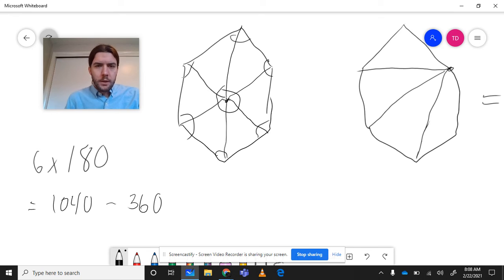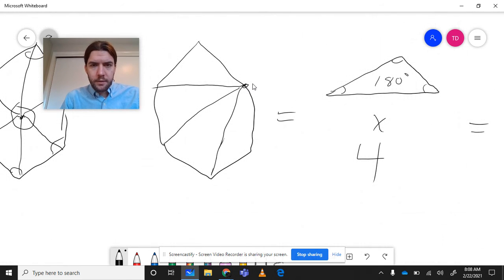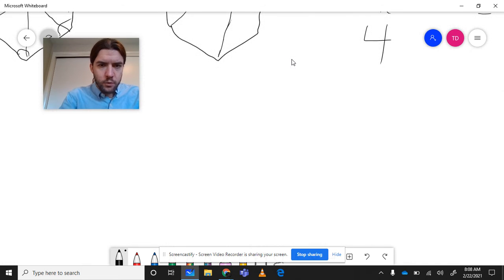So there's two different ways to approach it. You can either say, I'm going to count up all of the sides. So if I have 6 sides, I'm going to multiply 6 by 180, and then I'm going to take away 360 at the end because I'm going to remove these center ones. Or we can do it this way, in which case the number of triangles we will make will always be 2 less than the number of sides we have.